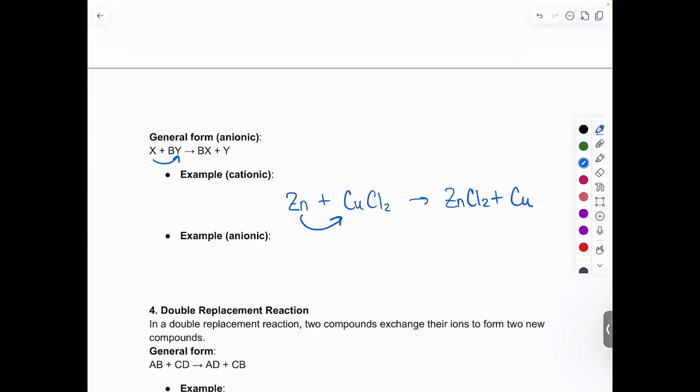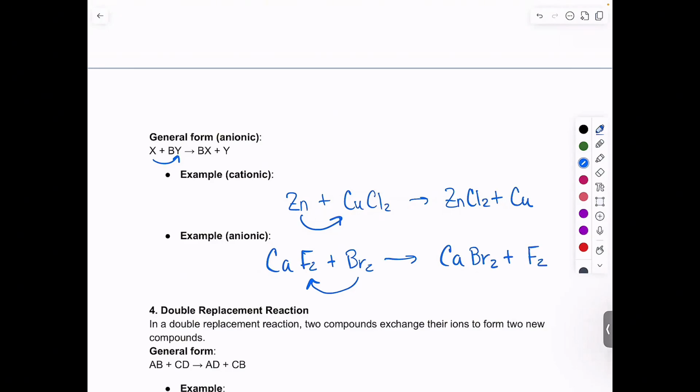All right, and then anionic, we'll do maybe bromine displacing fluorine. So we could have CaBr2 plus F2.